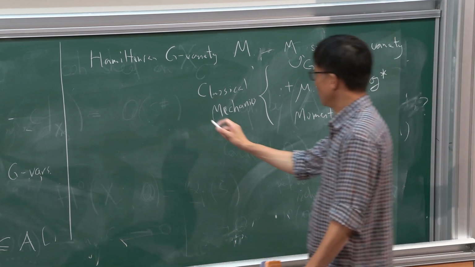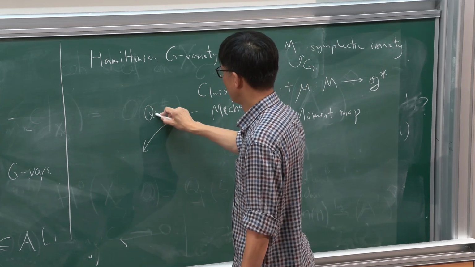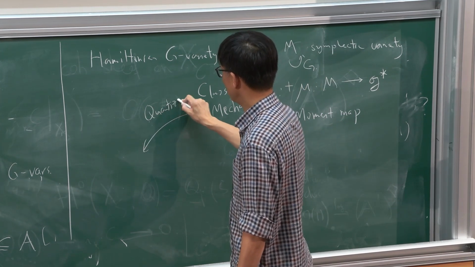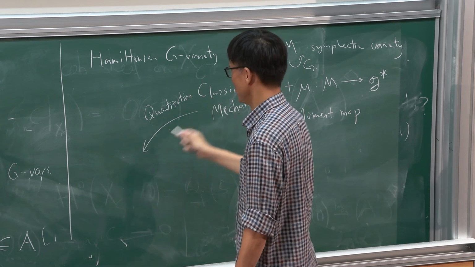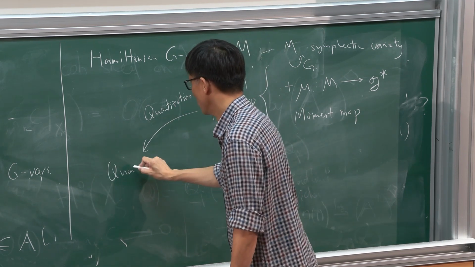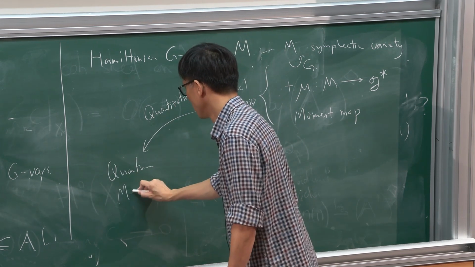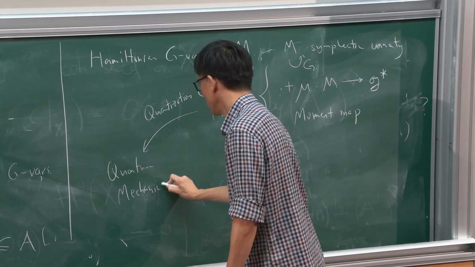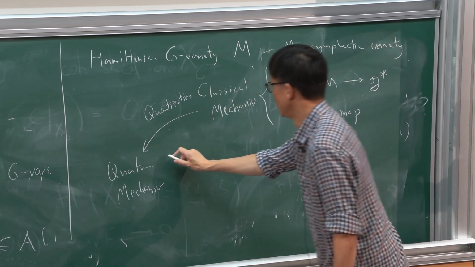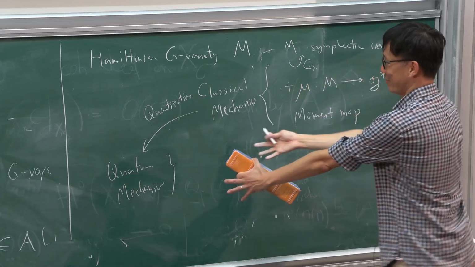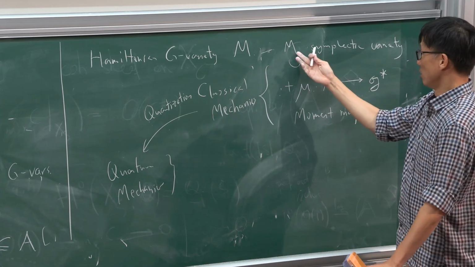And then the process of quantization is that you want to pass from a classical system to a quantum system. What should this data be replaced with?